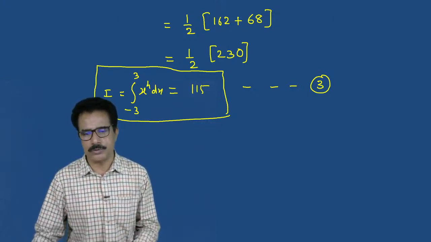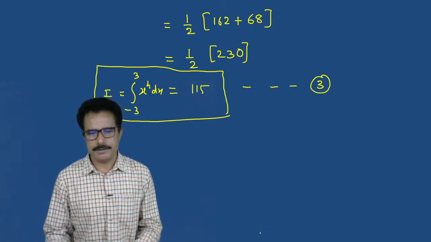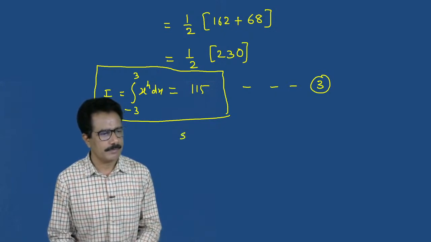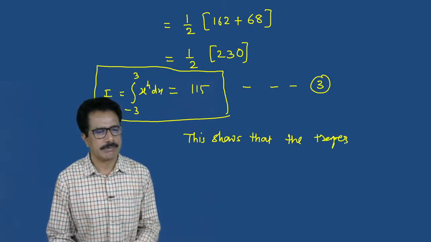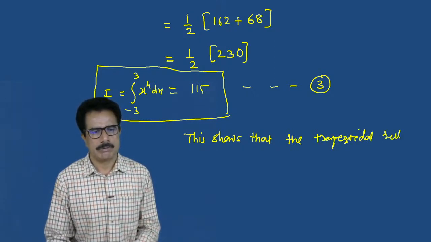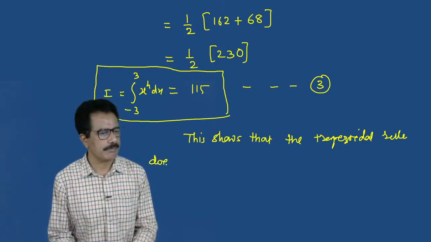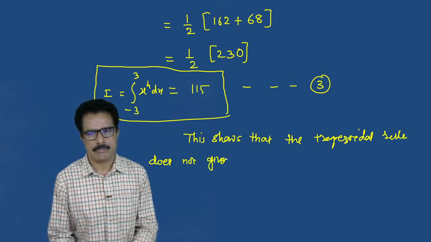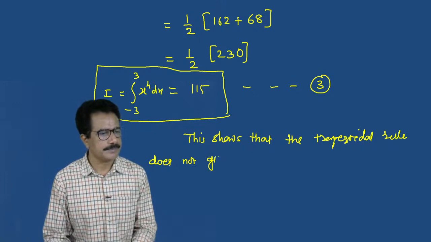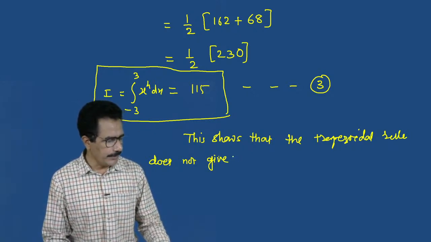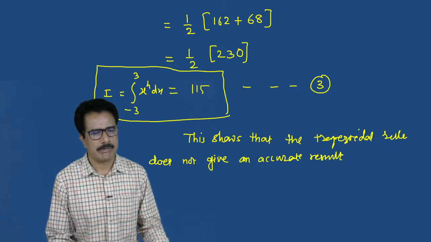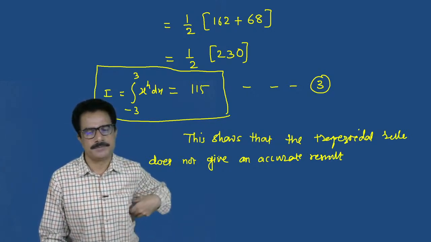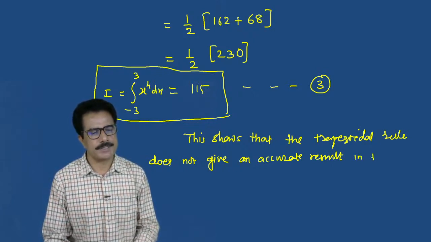So we have to write the conclusion here. This shows that the trapezoidal rule does not give an accurate result in this case.